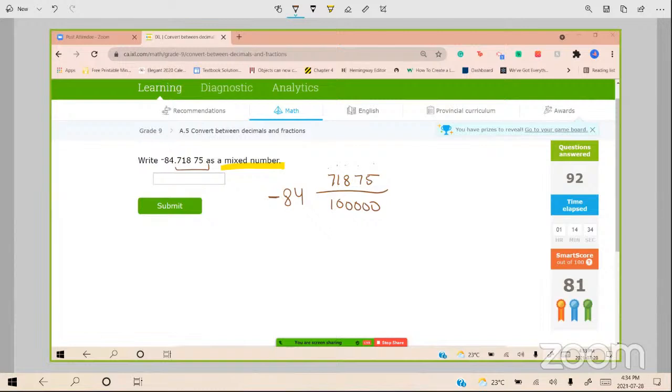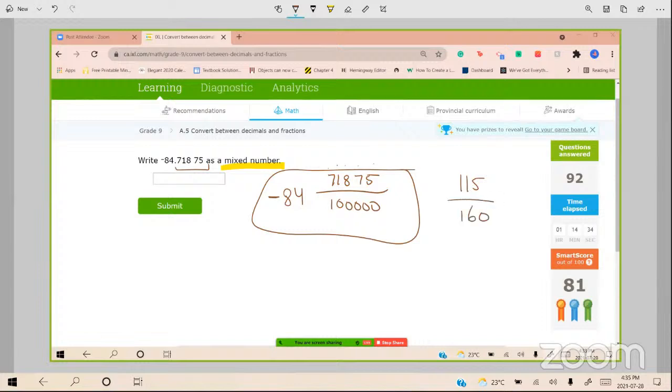Okay, this won't be the answer. You are going to write negative 84, and then 115. Then you're just going to divide it by 160.